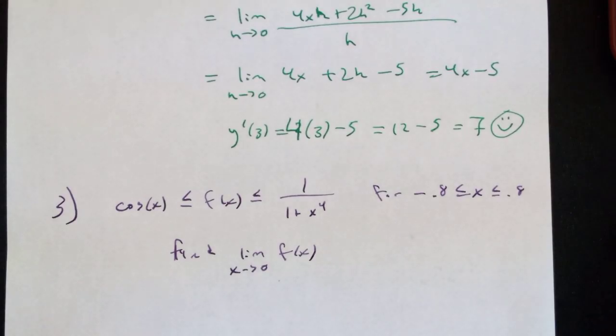But you already said the magic word. You said squeeze theorem. Why do you know the squeeze theorem can be used here? That's right. I need 2 other pieces of information to be able to use the squeeze theorem. But yes, I'm on an interval and I have a low function, a middle function, and a high function. That's the setup for the squeeze theorem.